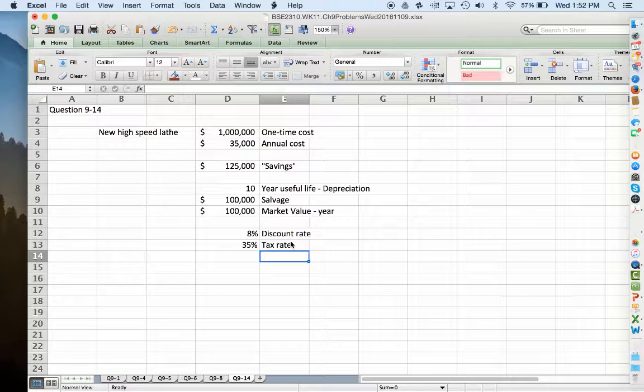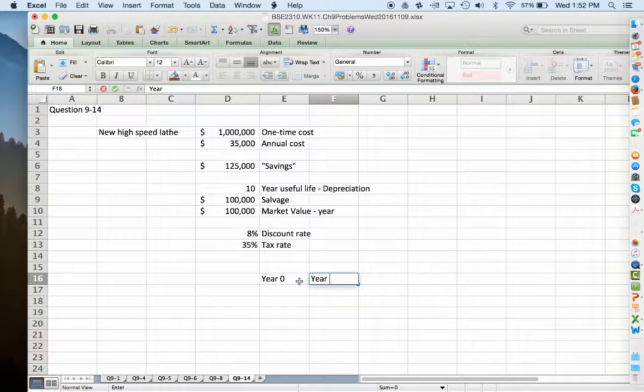So I'm going to do two things. I'm going to identify the time horizon. Okay, one step is to identify the time horizon, and I'm going to start with year 0, and I'm going to go all the way to year 10, right?